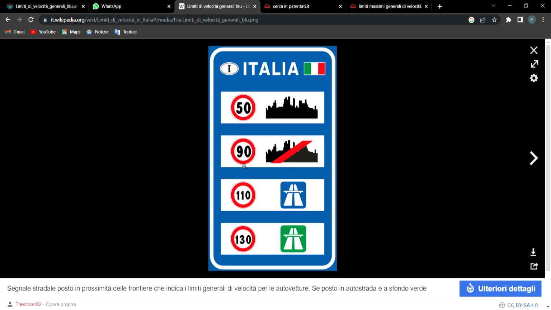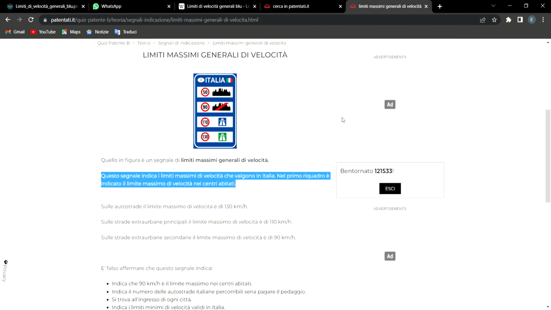So number one is starting with this, where we have this 50. This 50 is one of the categories of road we have here in Italian, and it simply says that on this category of road, the maximum speed that you are permitted to drive is 50. Now, what is the name of this road? That is what we are going to be looking at.